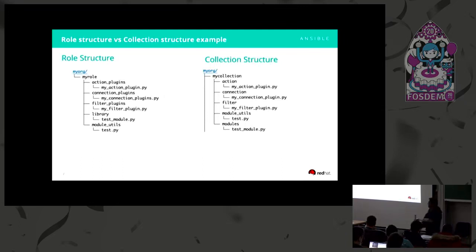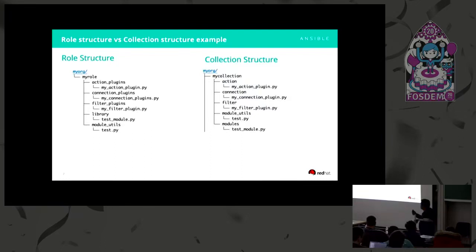So this is a reference structure between a role and a collection. The top level is my.org, a namespace for both roles and collections. For a role, inside the role name, there are various plugins. If you see action_plugins, the naming is not similar to what is used in the Ansible core distribution, and they are basically not first-class citizens within Ansible.